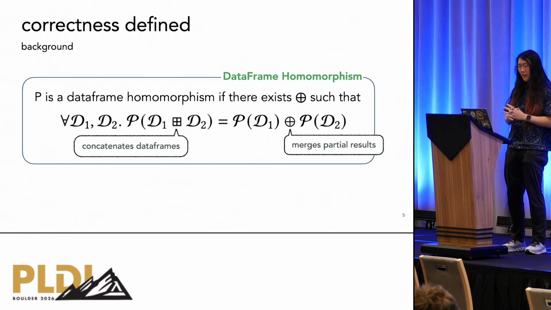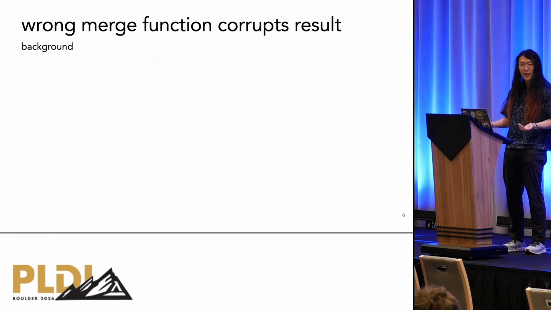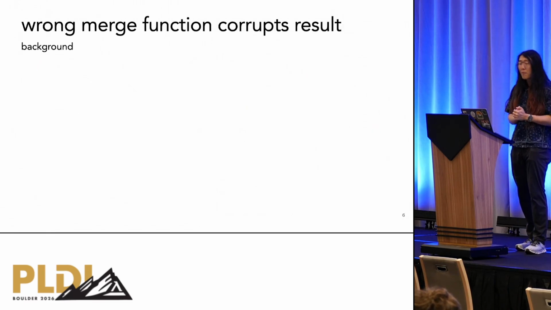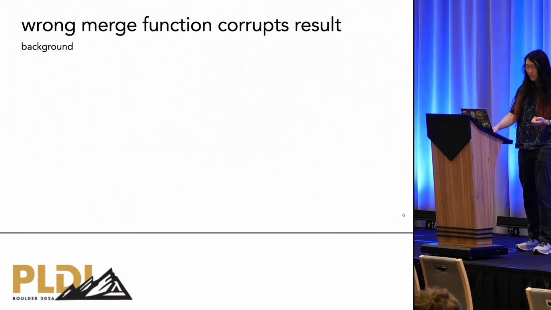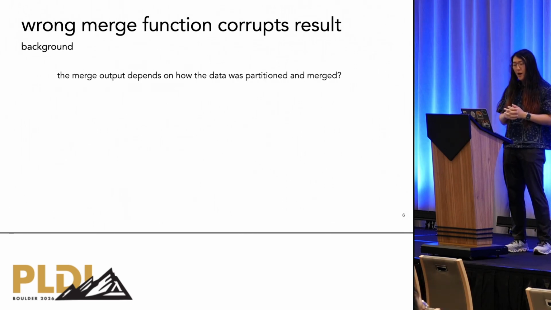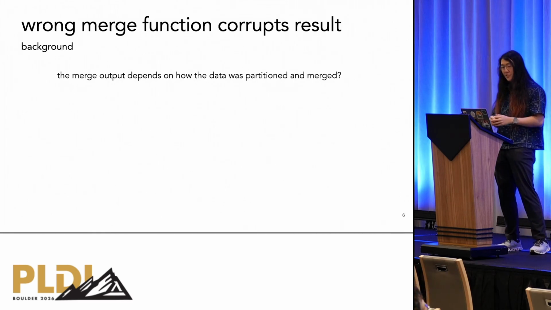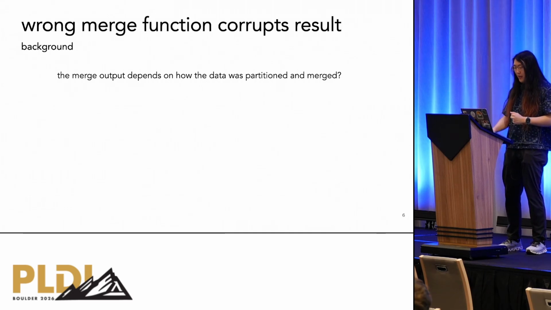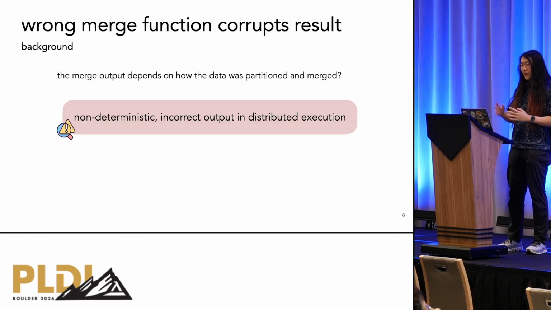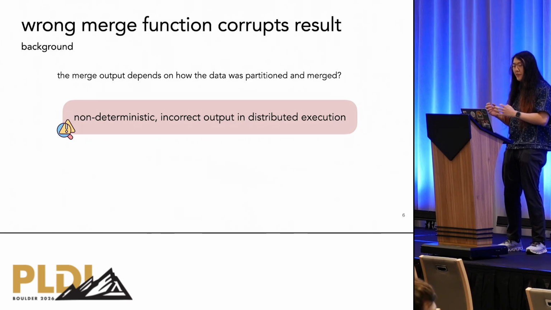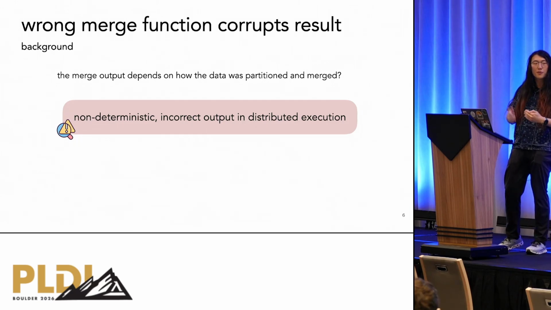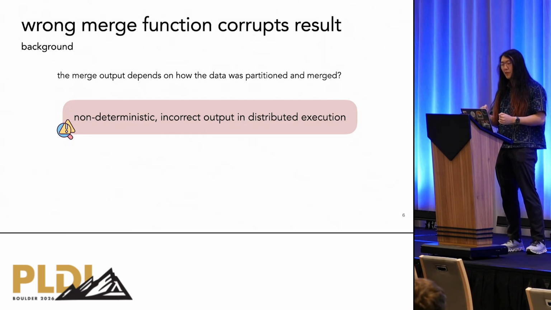On the other hand, if the correctness condition isn't satisfied, bad things can happen. Here, the wrong merge function will corrupt the result. As an example, let's consider if the merge output depends on how data was processed and merged. In that case, if the order in which you merge data affects the output, then this will introduce non-determinism in your computation.